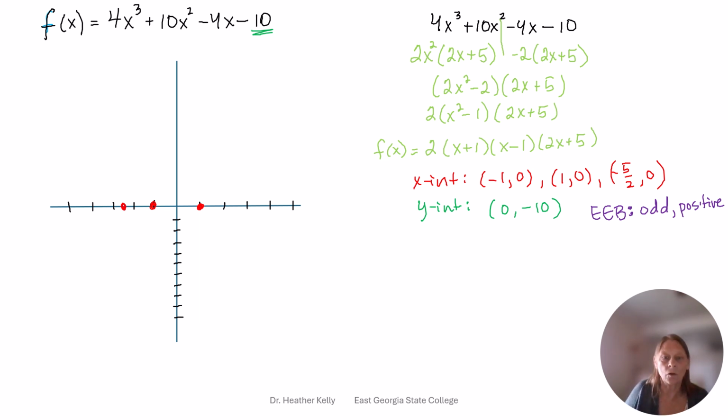Sketching in our y-intercept, 0, -10. Our end behavior here, odd positive, so it is coming down from the leftmost, up from the rightmost, and we can connect these dots right here because we have a point in between those two x-intercepts to connect to. Kind of crappy. I don't know why I felt like I had to fix it, but I am going to fix it.